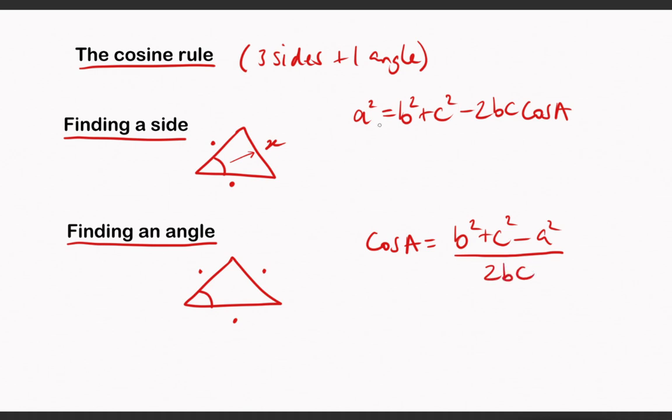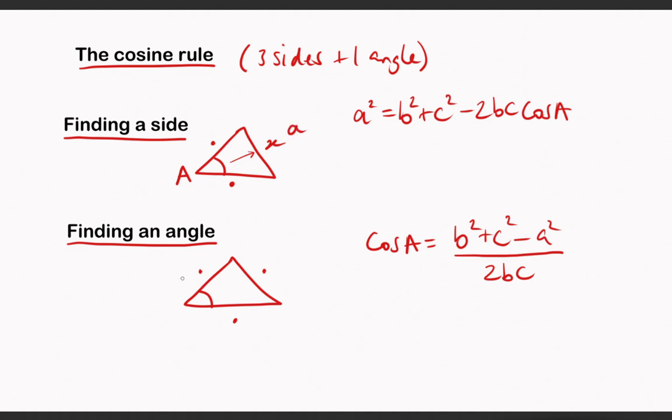Now, in order to use these formulas, obviously you may have the triangle labelled differently, but the main thing to remember is that the angle has to be labelled big A, basically. So you can ignore what letters they're using in the question. Just remember that the big A is the angle, and the side opposite that has to be the small a.